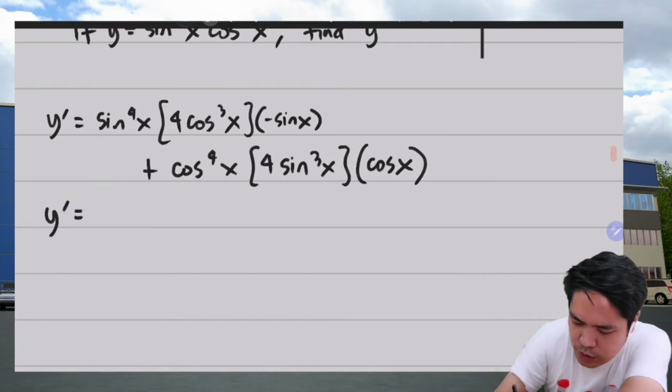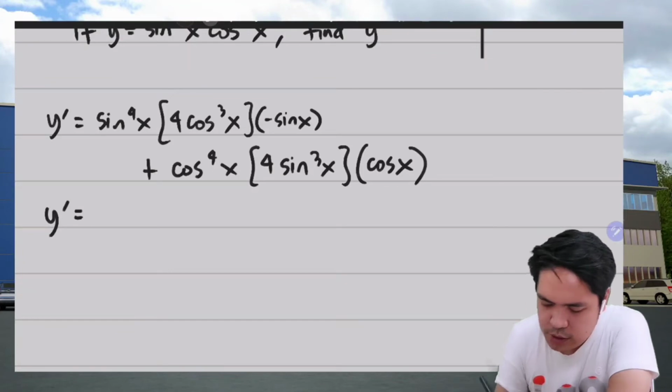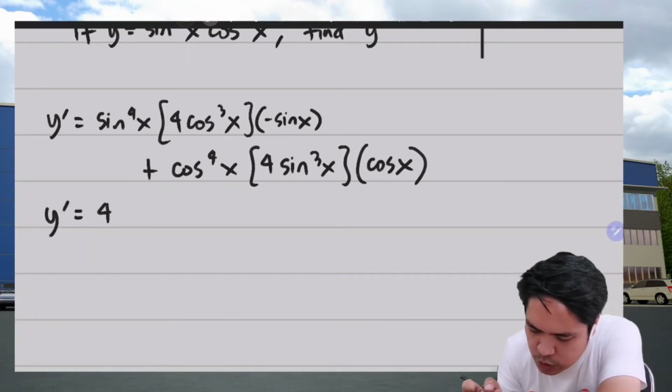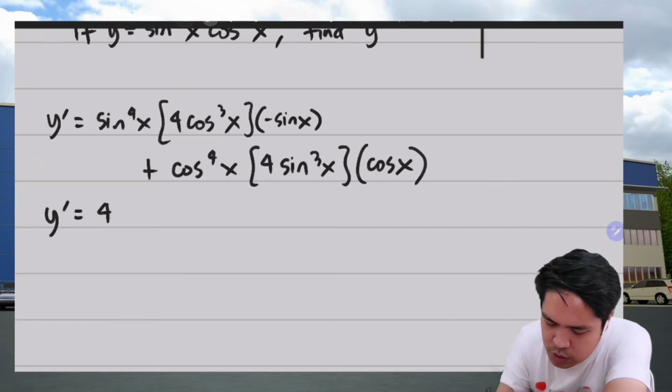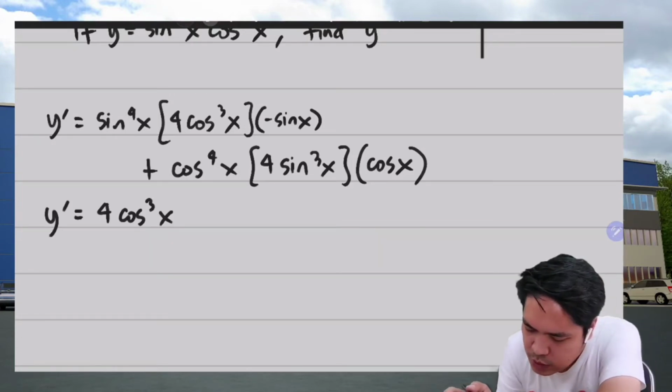We factor out the common factors. The 4 is common, so let's factor out 4. The cosine cube is also common, and the sine cube is common too.